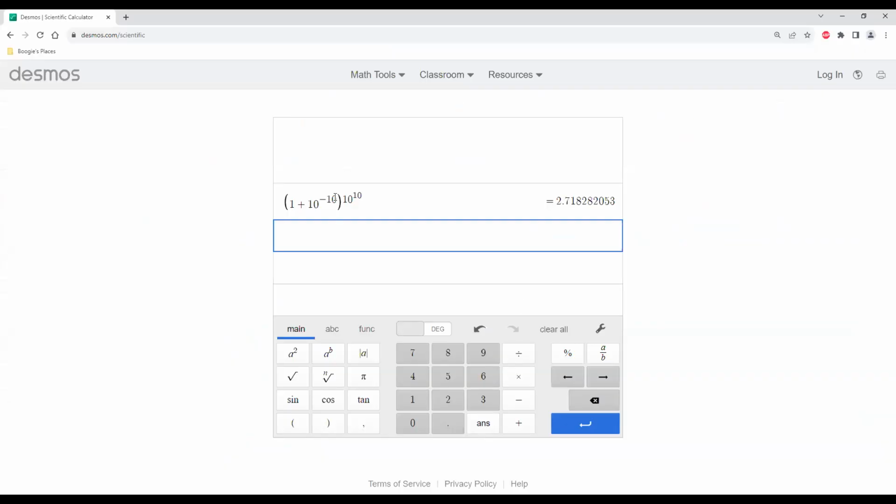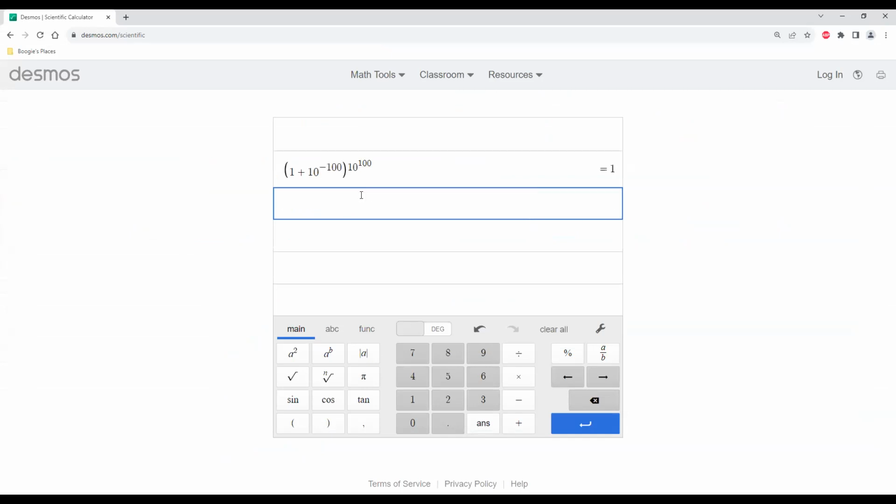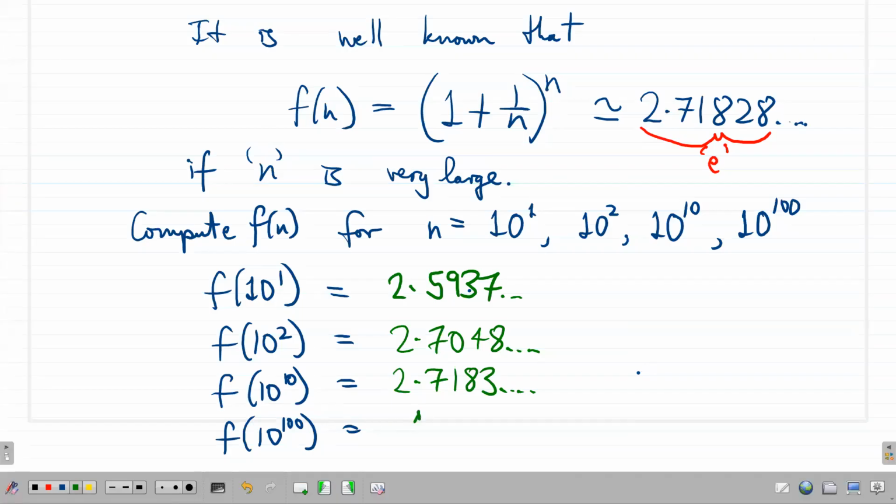So here, if I put in 100 here rather than 10, I must really be there, right? It equals 1? How can that be? That's outrageous. How can that be equal to 1?